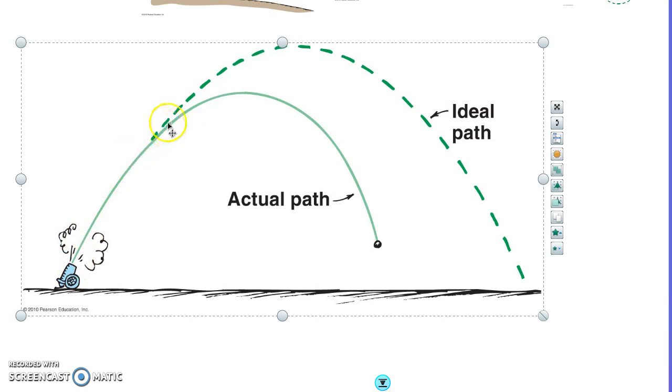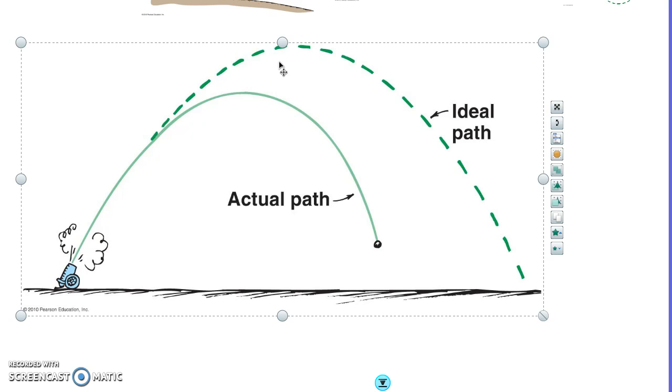But in real life, the actual path of a projectile, here would be the ideal perfect parabola shape or trajectory, if there were no air resistance, if you were someplace like the moon where there is no air. But in fact it would actually go something like this and then curve down quickly here, because air resistance is going to stop its horizontal motion, but it's also going to impede its vertical motion, so it's not going to get as high nor as far.